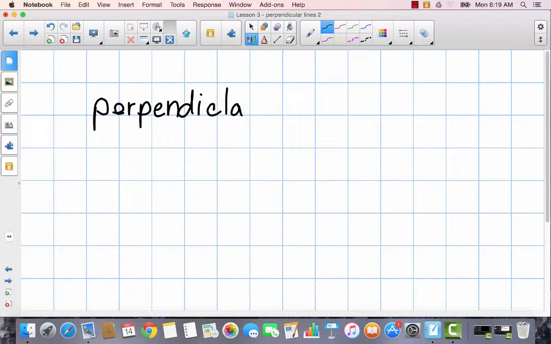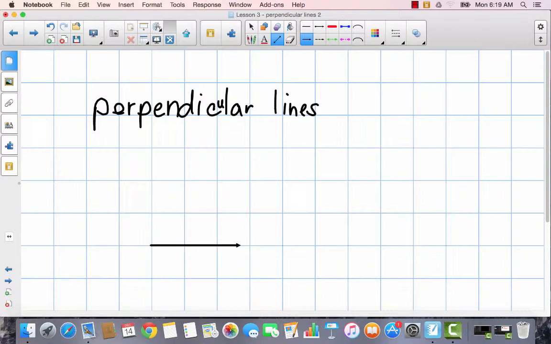How about me not spelling it right? Perpendicular lines. And then I want you to take your straight edge, and start with your end point, and draw a line segment, and then put arrows on the end to make it a line.